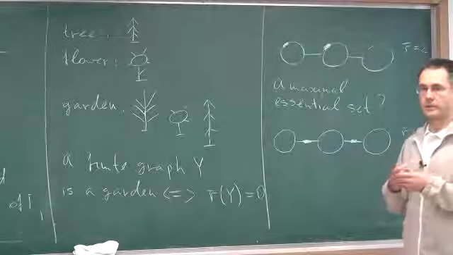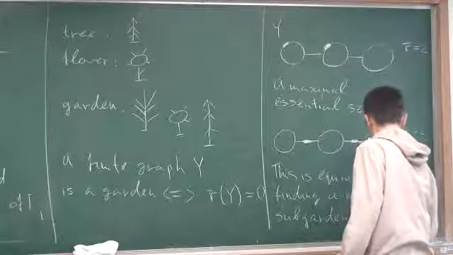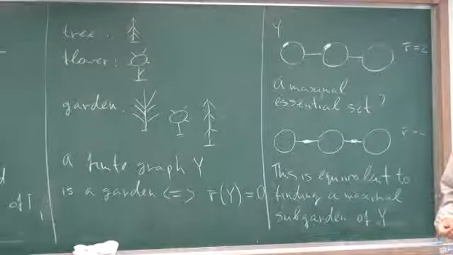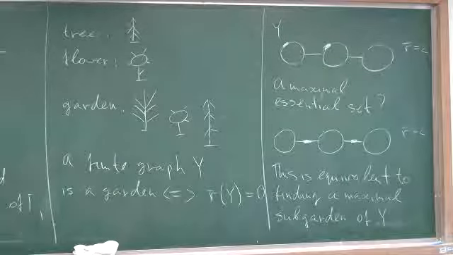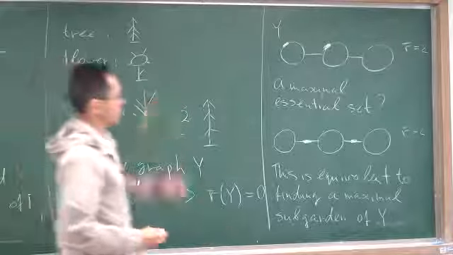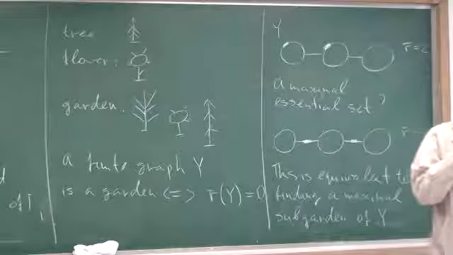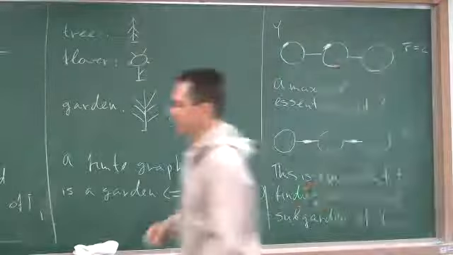Finding a maximal sub-garden of, say, if this was graph y, of y. So that's another kind of visual way to represent reduced rank.